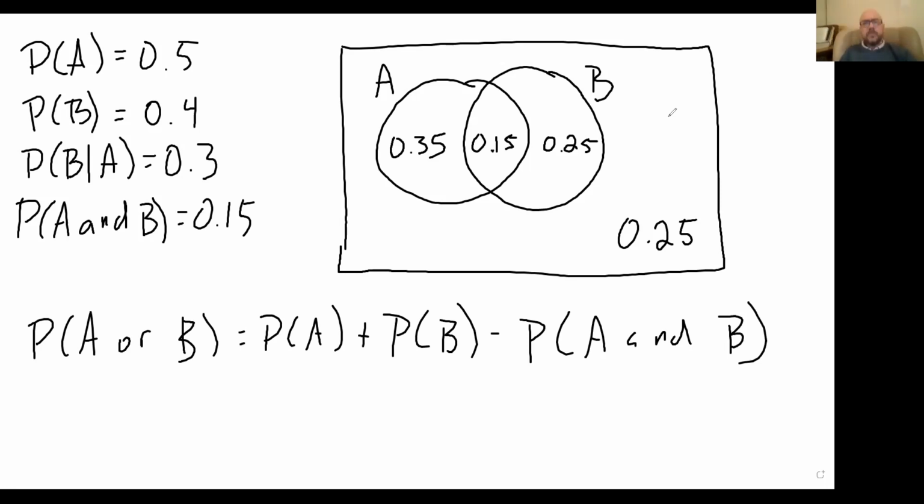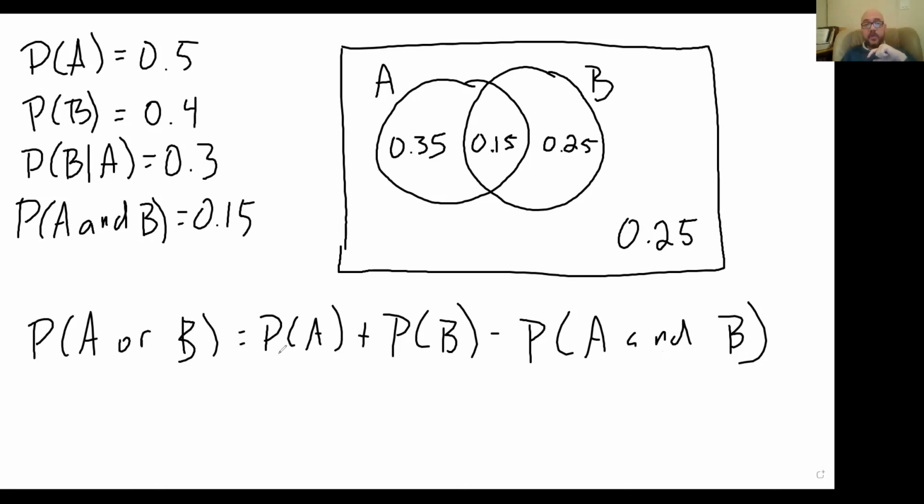And again, what we're doing here is we're counting up all of A, so we're doing all of this, and then we're adding on all of B, so we're doing all of this, and then we realize, oh, I've counted this bit twice. I've sort of got two layers of this middle bit. Let me take one of them away so that now I'm only counting it once.